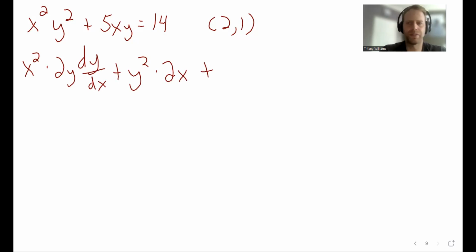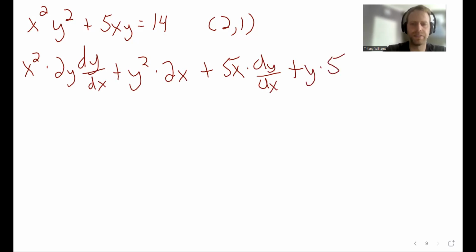So I would consider 5x my first function, y is my second. So it's going to be first times d second. Derivative of y is 1, but then you got to multiply that by dy dx. And then it's plus the second times the derivative of 5x, which is 5. And we set that all equal to, what's the derivative of 14? 0.